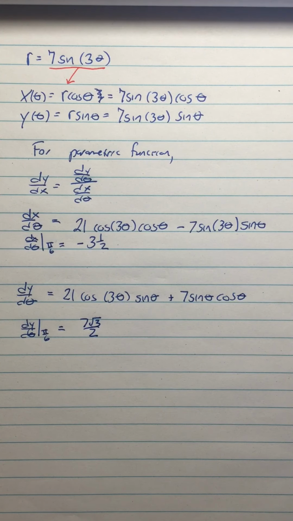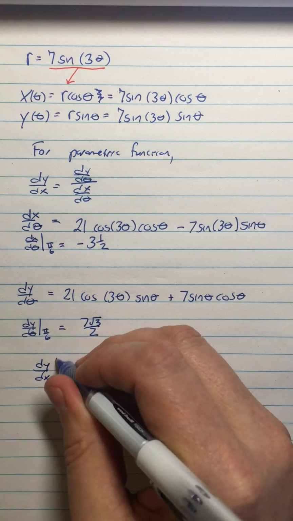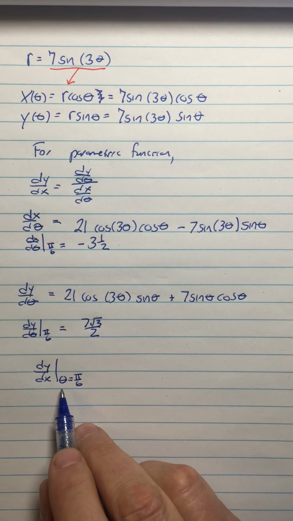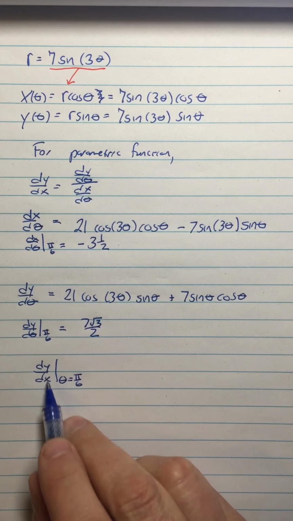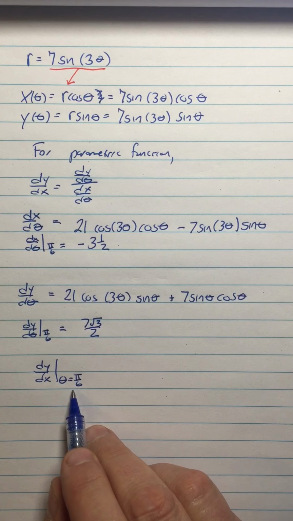All right. Then dy dx evaluated at theta equals pi over 6. Here it's really important for me to put the theta equals, because theta is neither variable here. So it's dy dx when theta is pi over 6.